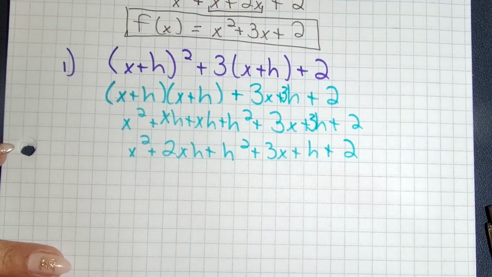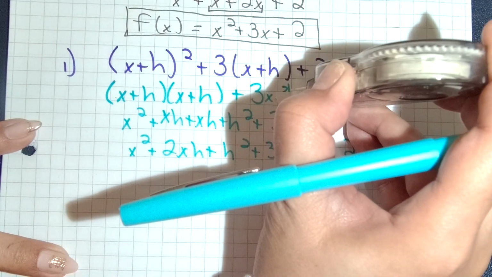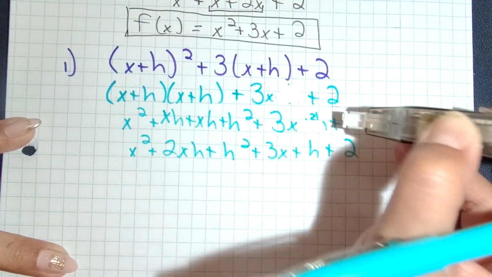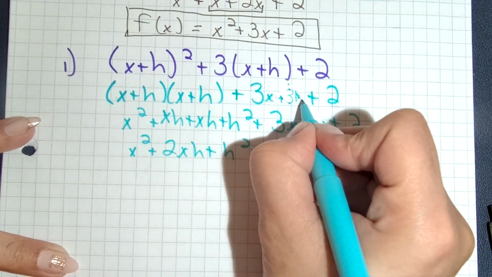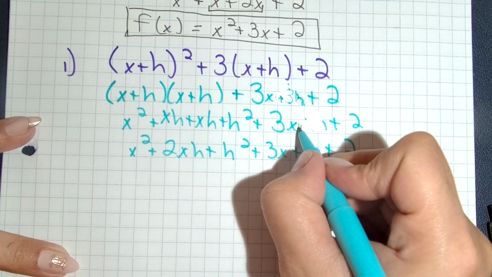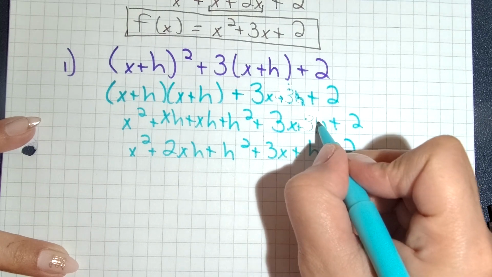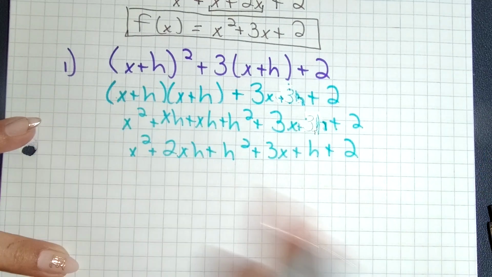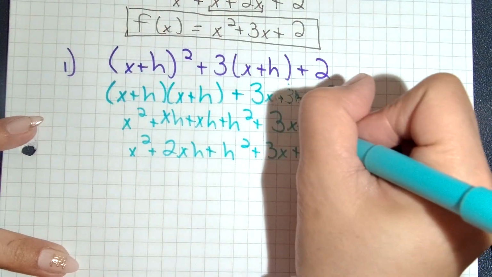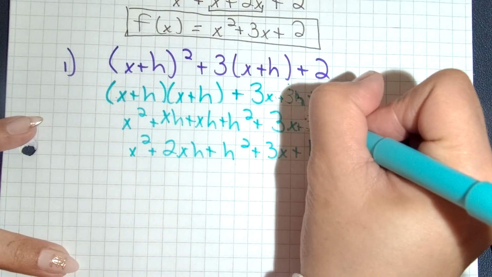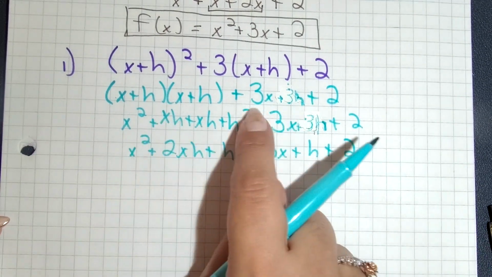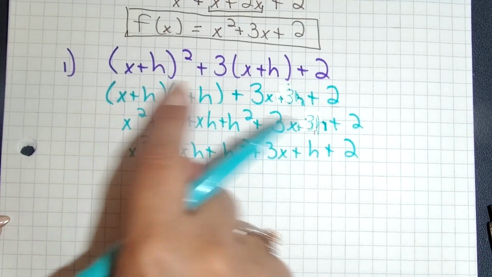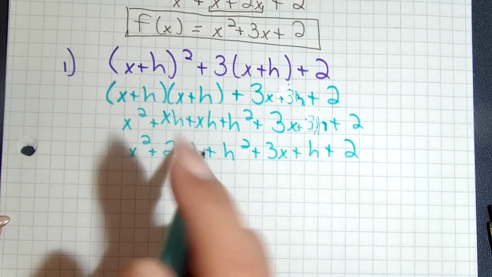Let me rewrite that better, sorry. That's an h, sorry. After I distributed, I then FOILed out the x plus h.